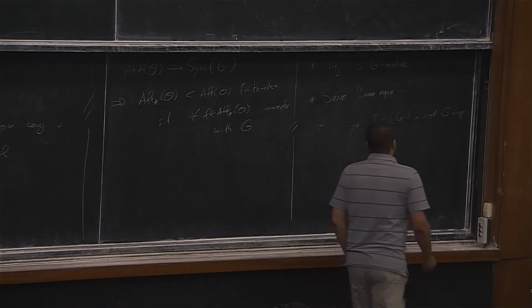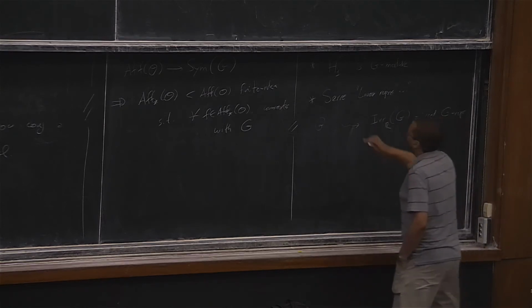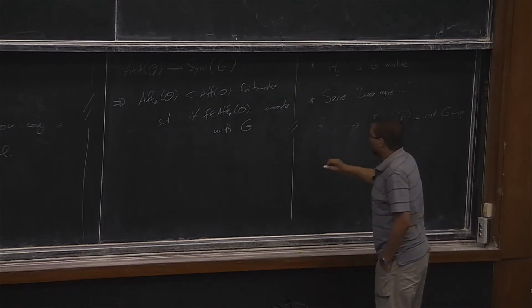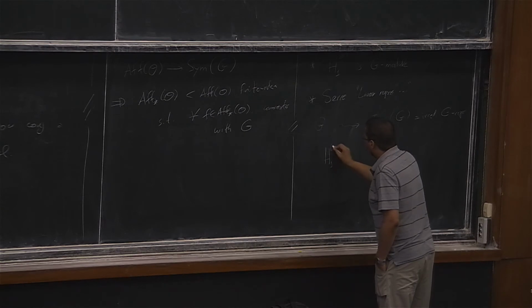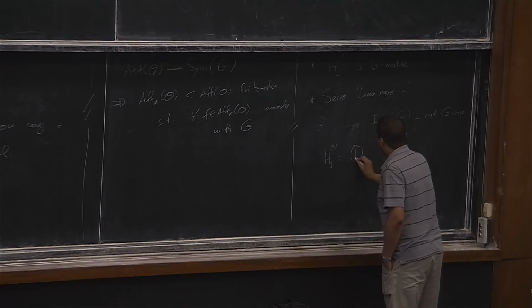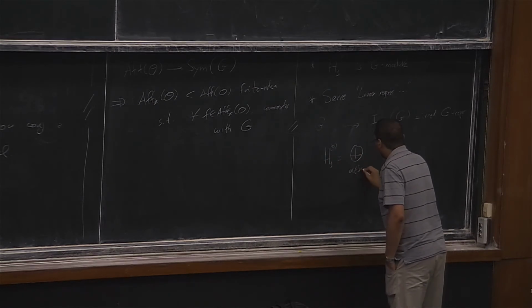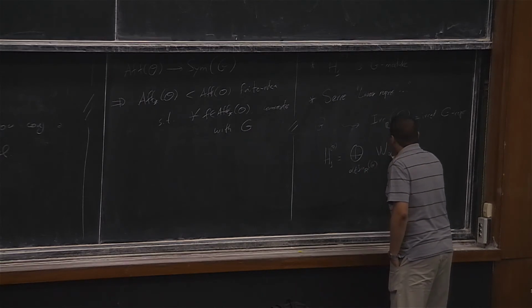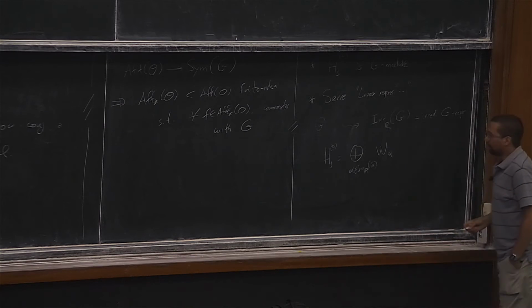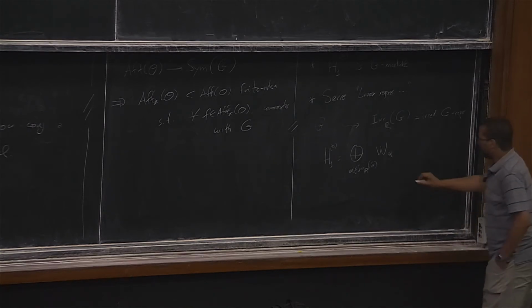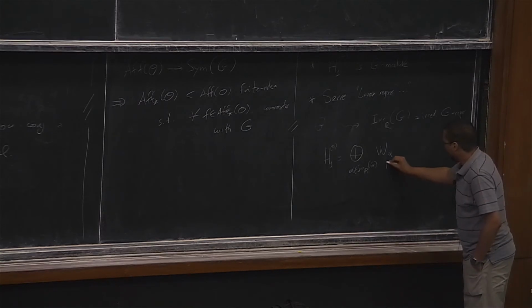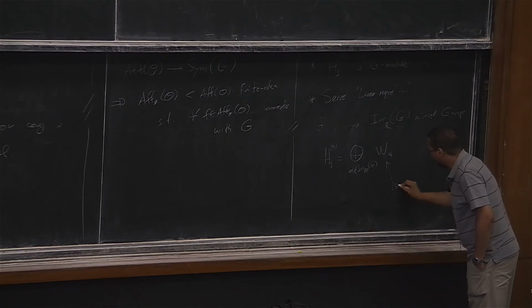And actually, the fact that you commute allows you to decompose this guy into a sum over all irreducible representations alpha of spaces W alpha. And this guy here is what people call the isotypical component.